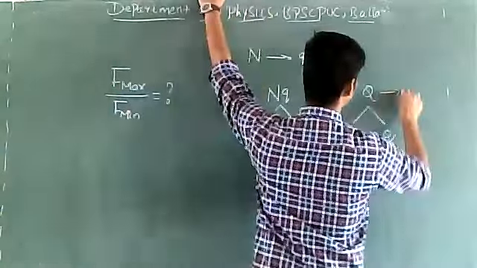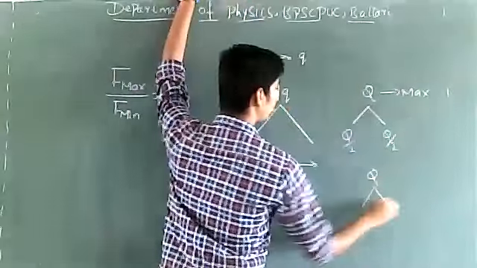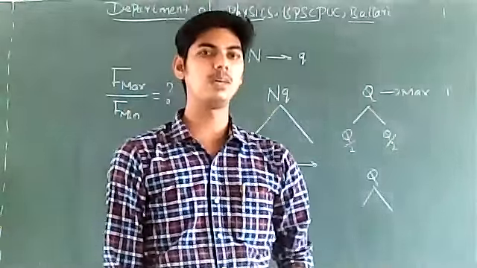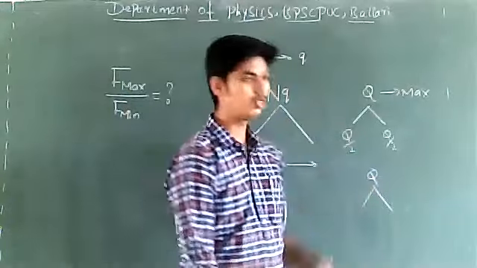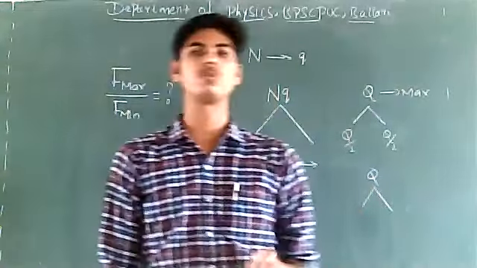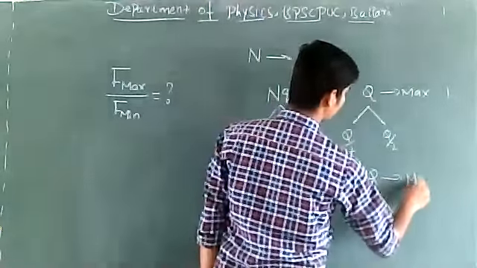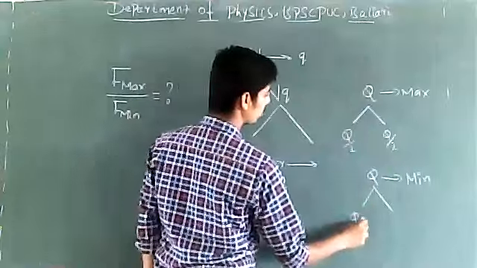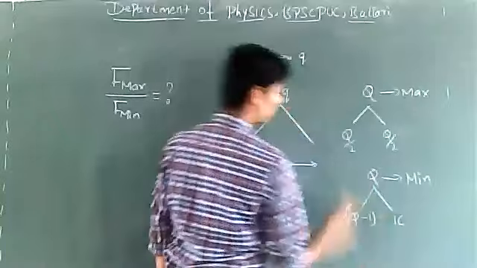This is for maximum. And for the same charge Q to be divided into 2 parts such that the force between them becomes minimum, the charge Q is to be divided as Q minus 1 coulomb and 1 coulomb.